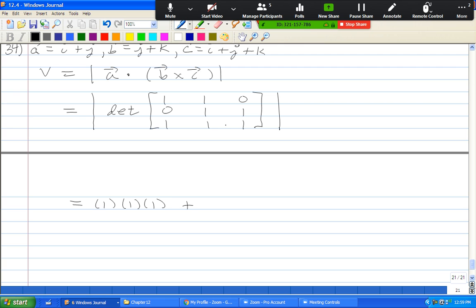Let's multiply this one. 1 times 1 times 1 is another 1 plus. Let's multiply this. So 0 times 0 times 1 minus. Now let's go the other way.